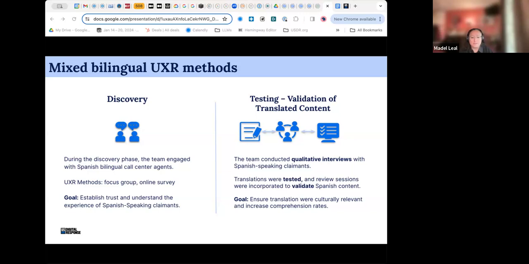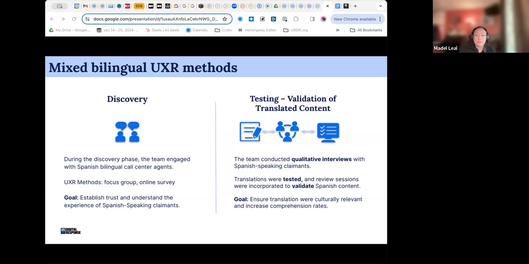We employed a comprehensive approach where we combined both focus groups and online surveys to deepen our understanding of these diverse perspectives. The goal here was twofold: to establish trust with the community, with participants that were bilingual or Spanish speaking, and to gain a deeper understanding of their experiences within the system.